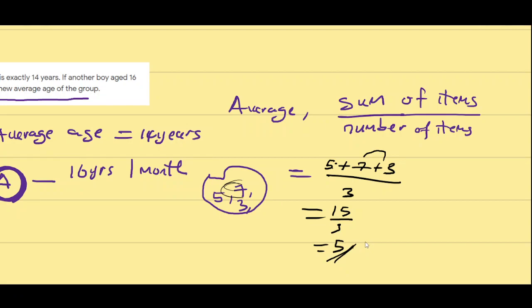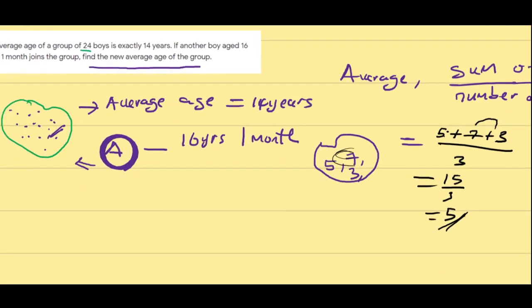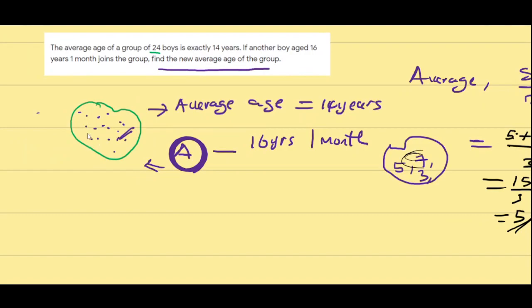That applies to a group as well. So let's come back to this group of boys, and we're told that the average age is 14 years. This tells us that if we take the sum of the ages of the boys and divide by the number of boys, which is 24, we should get 14, according to the definition of average.